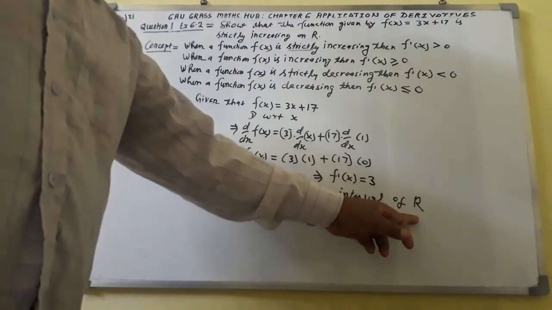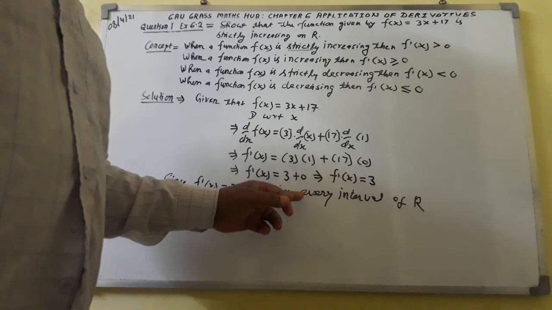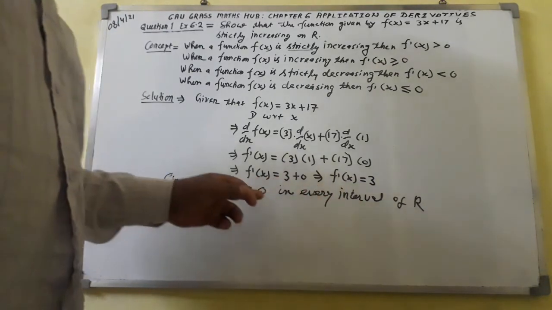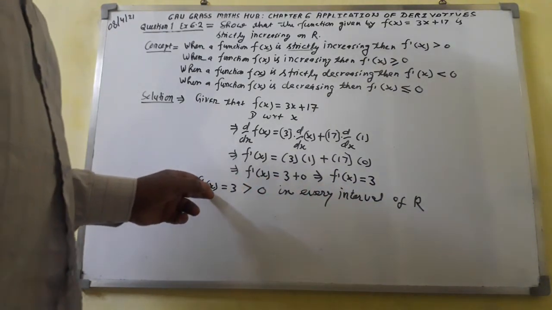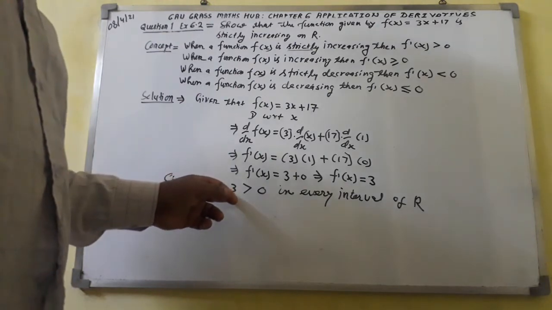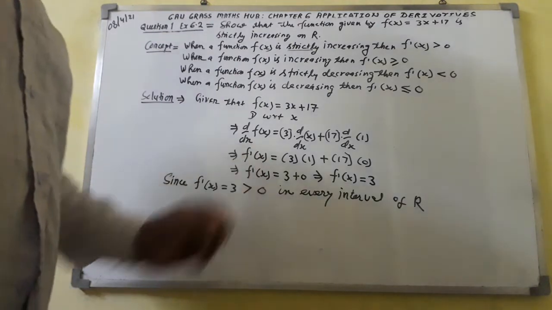In every interval of the set of real numbers, f dash x equal to 3 is greater than 0.